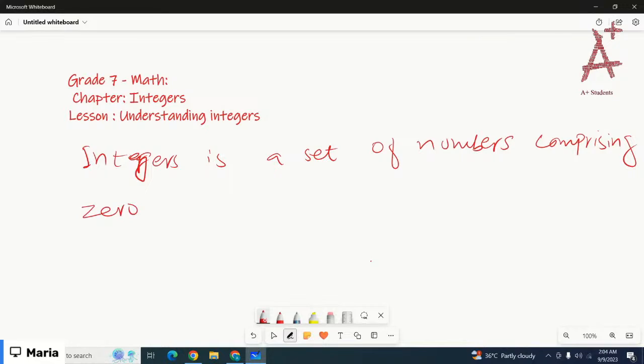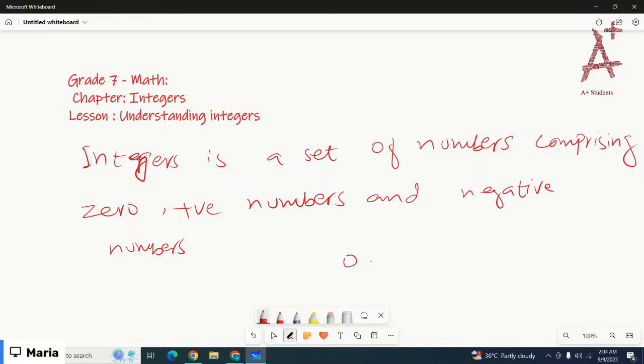Comprising zero, positive numbers and negative numbers. So they are 0, positive 1, positive 2, positive 3, and then negative 1, negative 2, and negative 3.